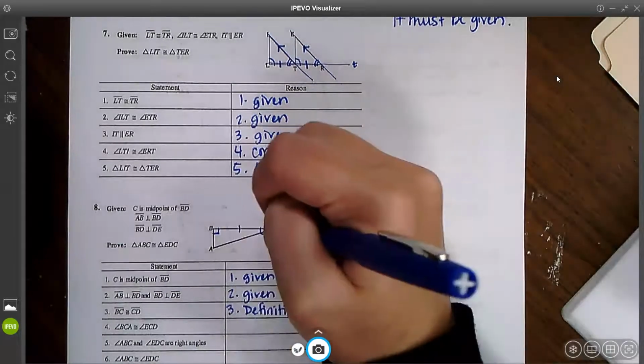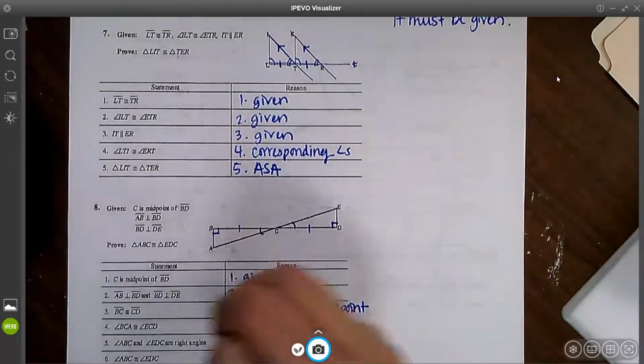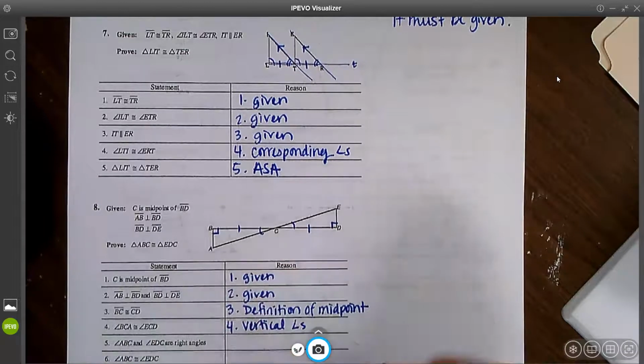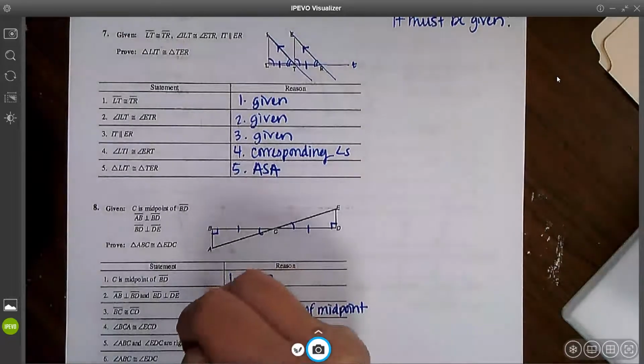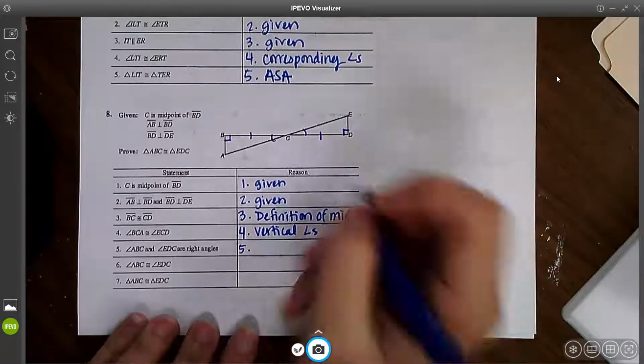That's this angle and this angle. Those are congruent because anytime you have two intersecting lines that create vertical angles, vertical angles are always congruent. It says angle ABC and angle EDC are right angles. They are right angles because those lines are perpendicular. So this is by definition of perpendicular.